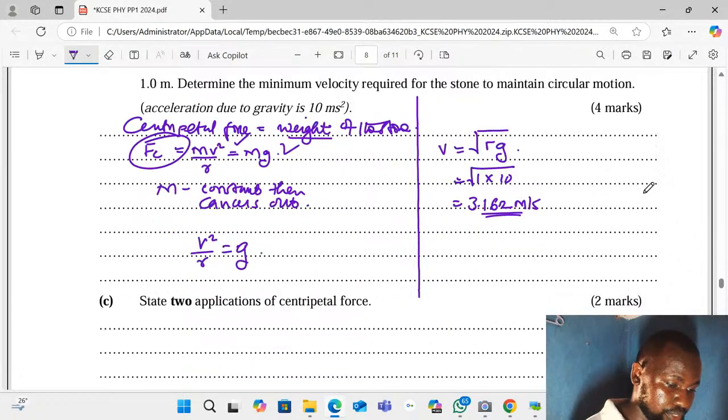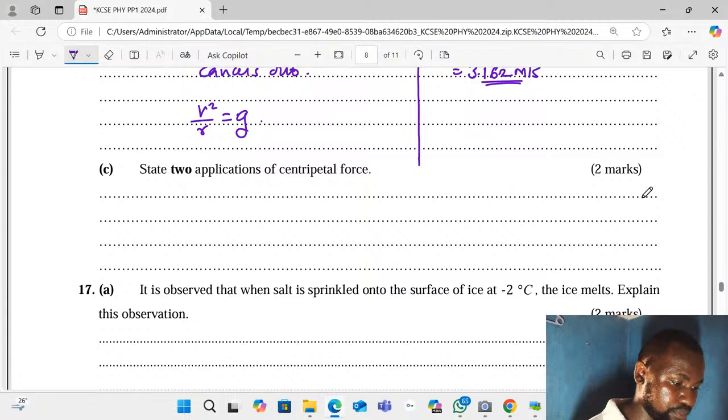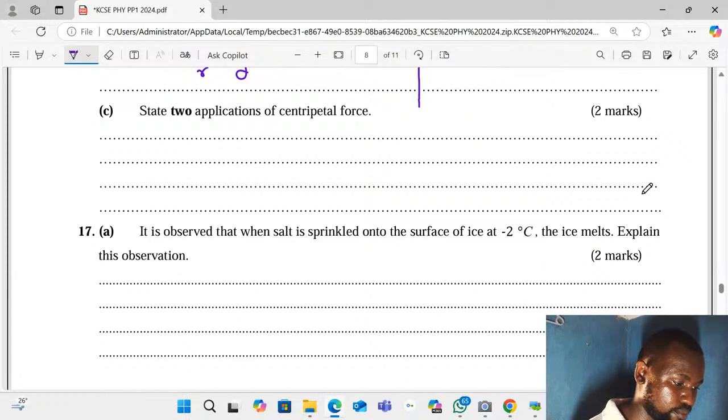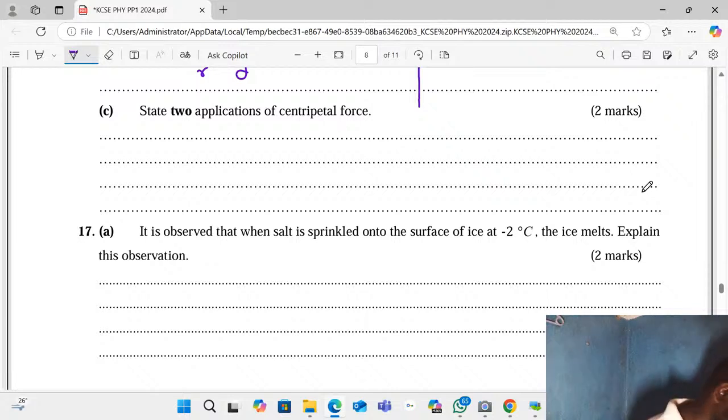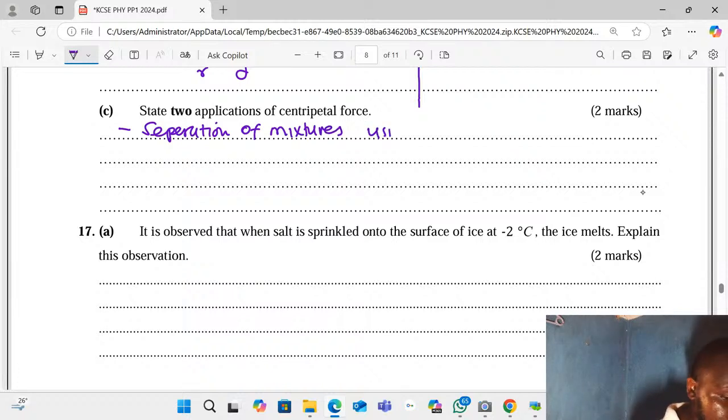State 2 applications of centripetal force. It is used in separation of mixtures using centrifuges.